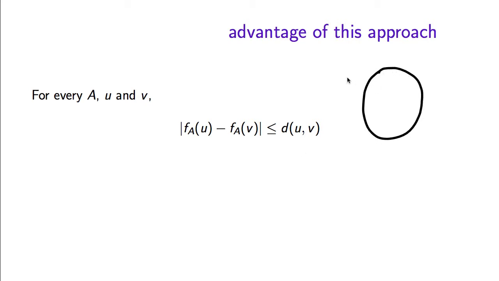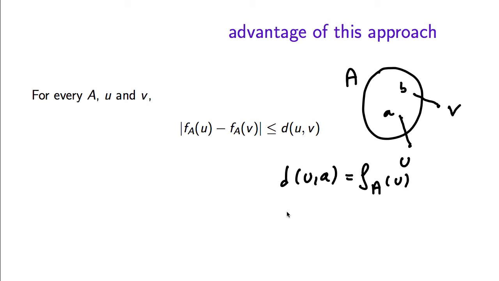If this is the set A, and now we are looking at two vertices u and v, then u is closest to some vertex a in A, and v will be closest to some vertex b in A. a and b could be the same vertex. So the distance between u and a will be fA(u), and the distance between v and b will be fA(v).